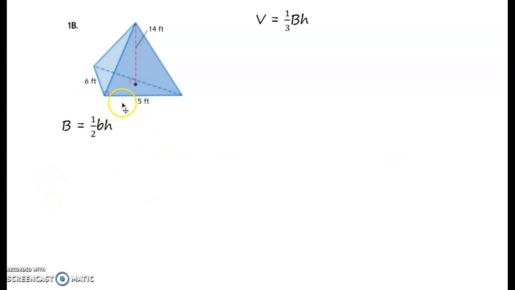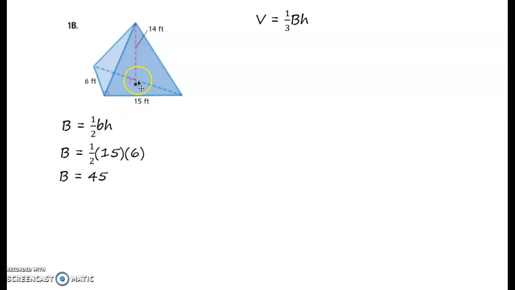This time the base and the height are of this triangle. So my base would be 15 and the height of the triangle would be 6. I would take those values and substitute them in. So I've got area of the base equals 1/2 of 15 times 6. When I do my calculations, that gives me 45.